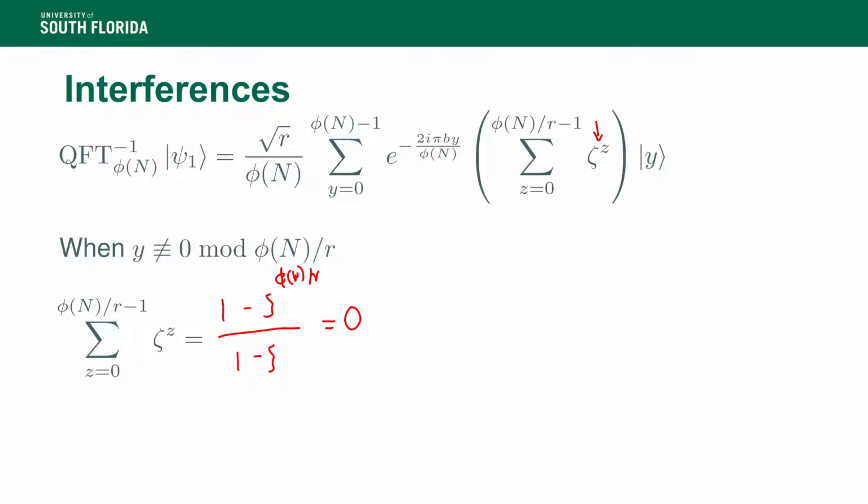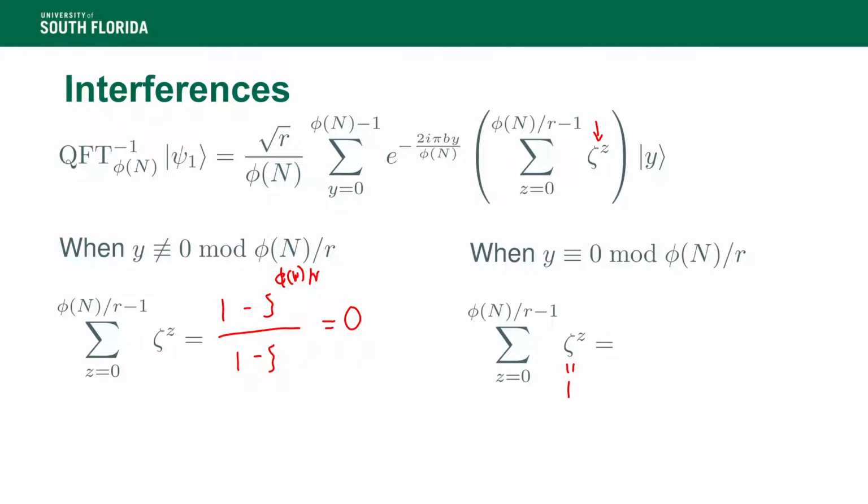So that is our amplitude when we have a y not congruent to 0 mod phi of n over r. But on the other hand, if y is congruent to 0 mod phi of n over r, then each of these individual terms is equal to 1. And so we simply have phi of n over r.